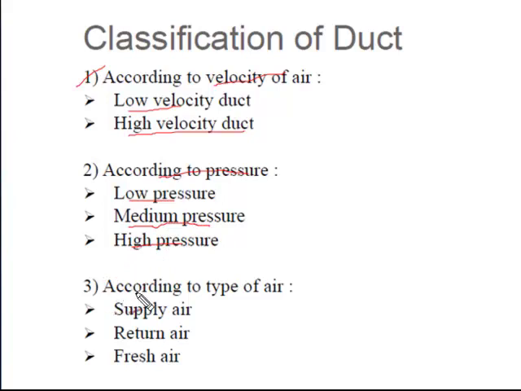And according to types of air, it is also classified into three types: first, supply air duct; second, return air duct; third, fresh air duct.